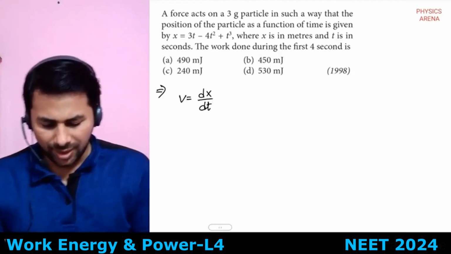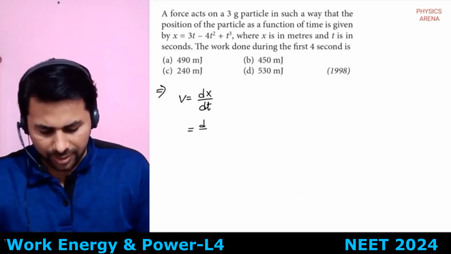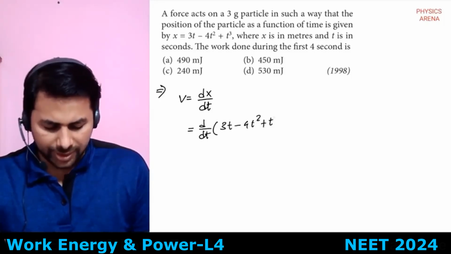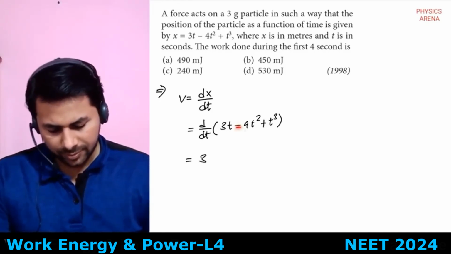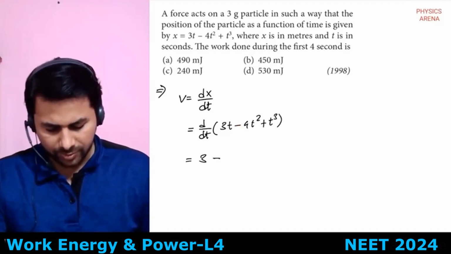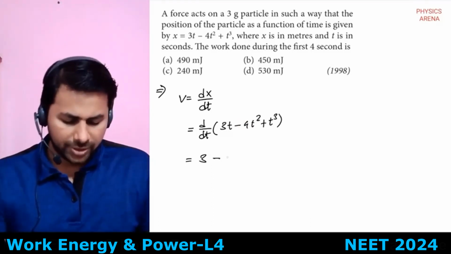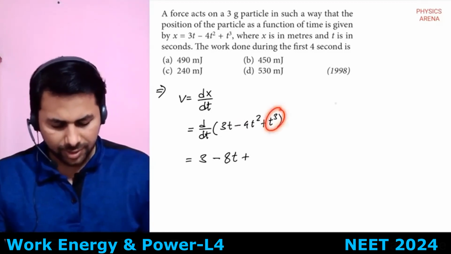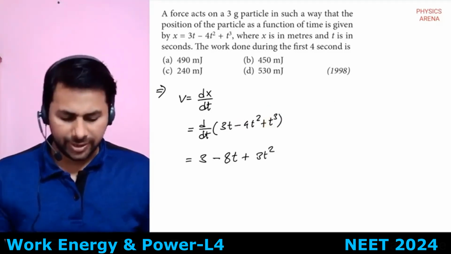So here we have to find out v. It is d by dt of 3t minus 4t² plus t³, and that is 3, minus 4 times 2t, that is minus 8t, plus the derivative of t³, which is 3t².